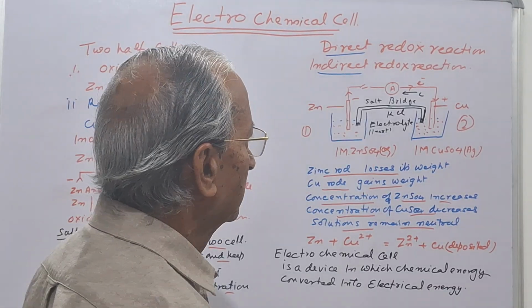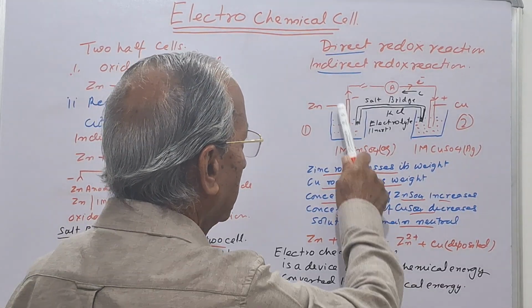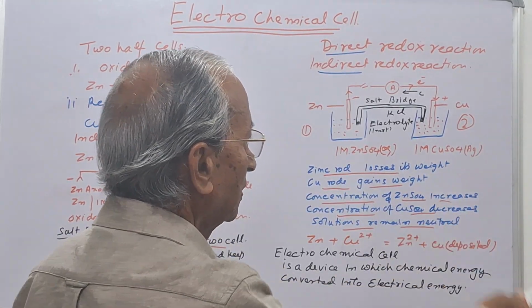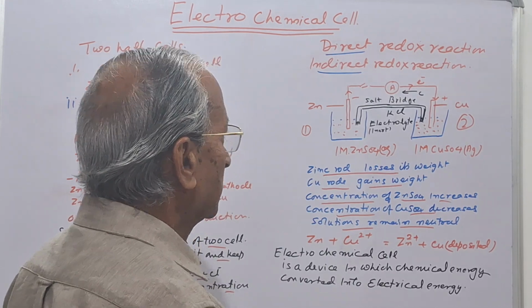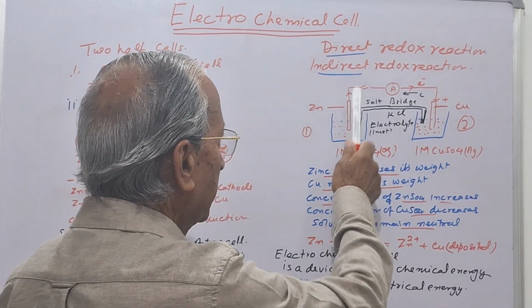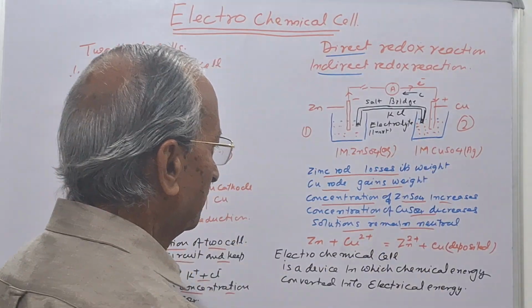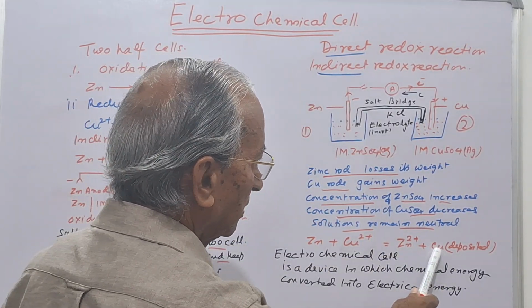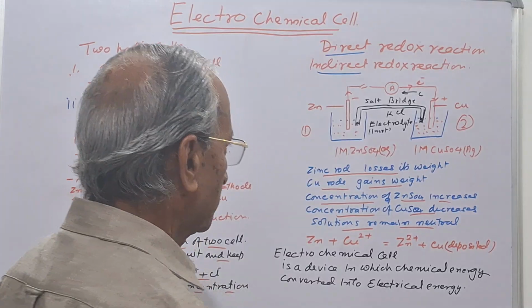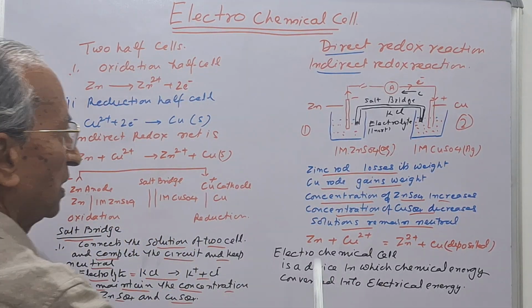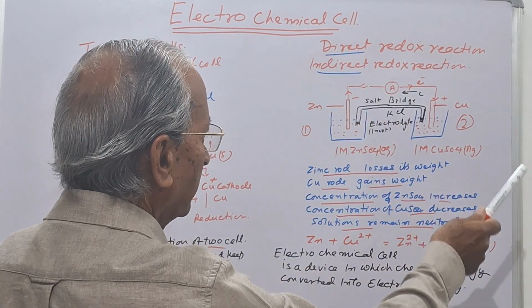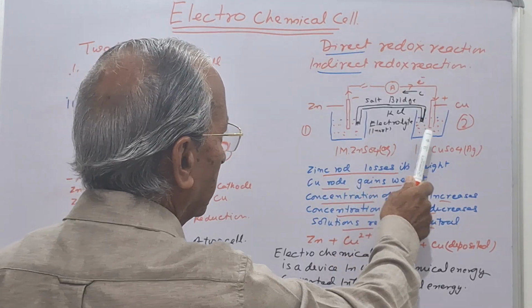Now let's see the reaction of the zinc to the copper. Simply we say that the zinc gives the electron to the copper and the copper is deposited at the electrode. We call these the half cells.